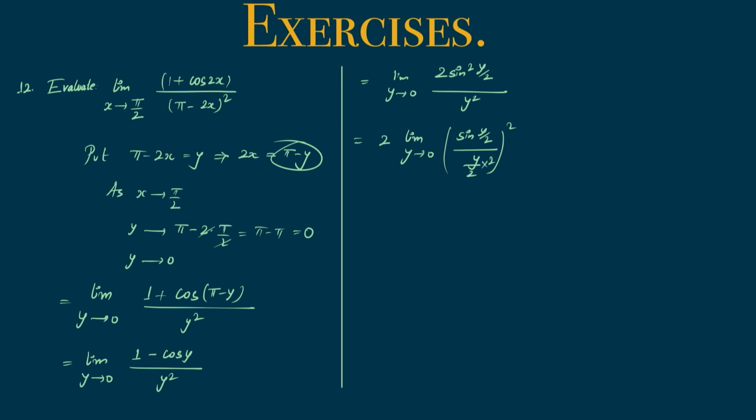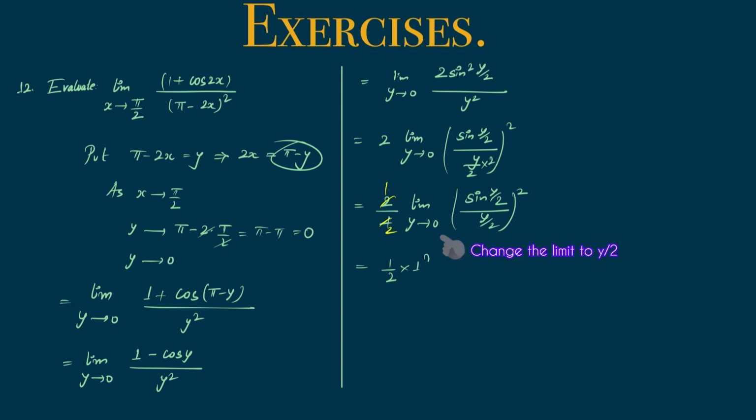Now this 2 square, that is 4, I will write in front. So it will be equal to 2 by 4 limit y tends to 0 sine y by 2 by y by 2, whole square. So 2 by 4 is 1 by 2 into, now this whole expression can be written as 1 square. So my answer is 1 by 2, that is half.